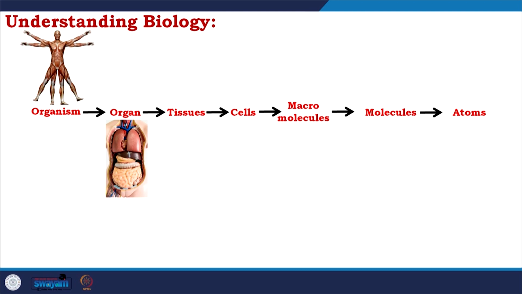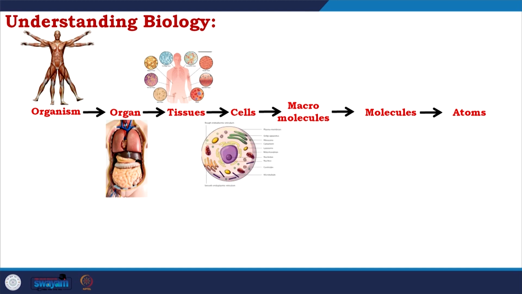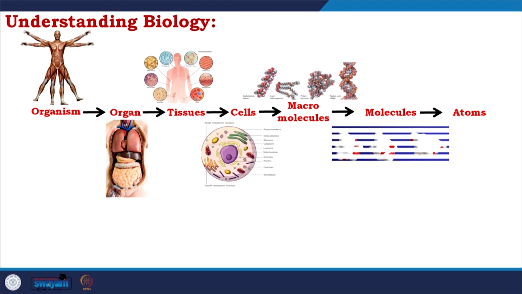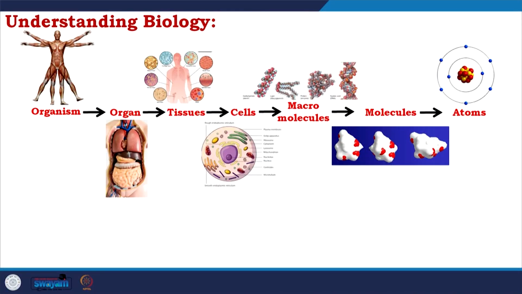From there, we go to the organ level, then the tissue level, then the cell level. In the cell, there are macromolecules, DNA, RNA, proteins, and they are composed of small molecules. Also, there are small molecule metabolites, and ultimately everything comes from atoms and electrons.